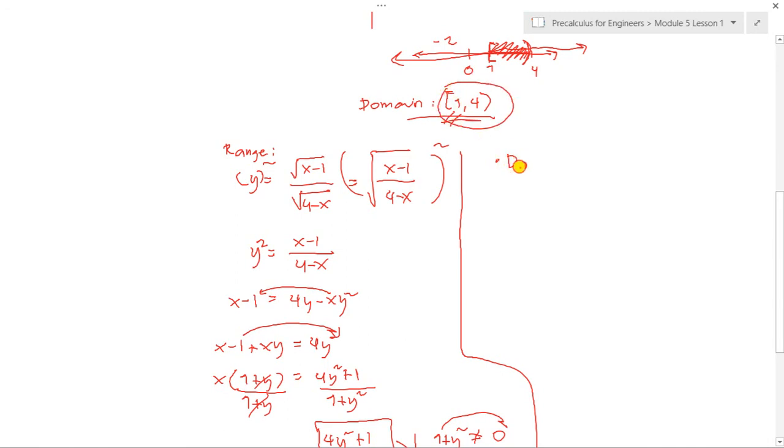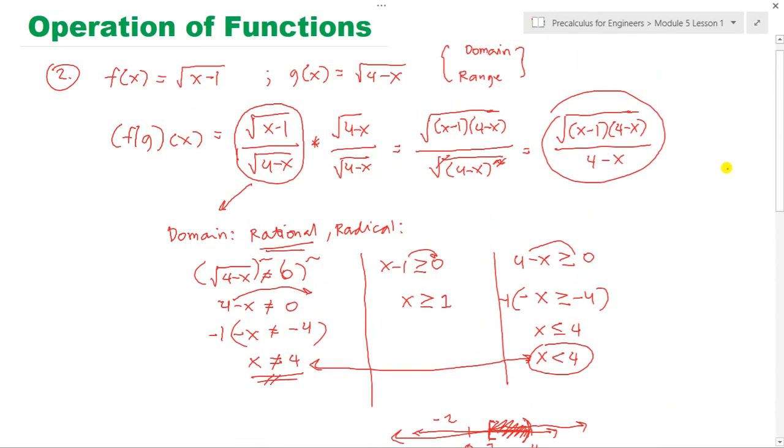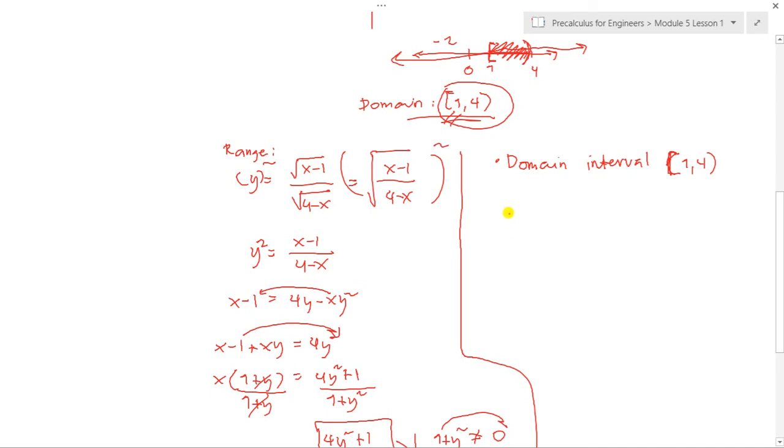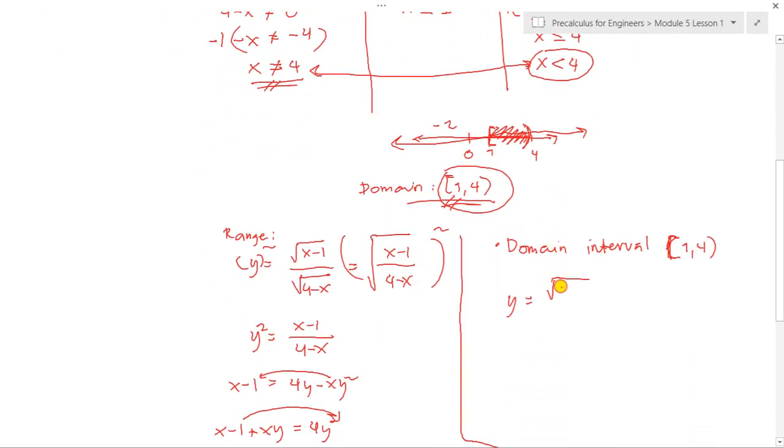Since the domain interval is from 1 to 4 only, and 4 is not yet included, let's try to solve for the maximum value and the minimum value of y here, given the domain. Our formula is y equal to the square root of x minus 1 all over the square root of 4 minus x.